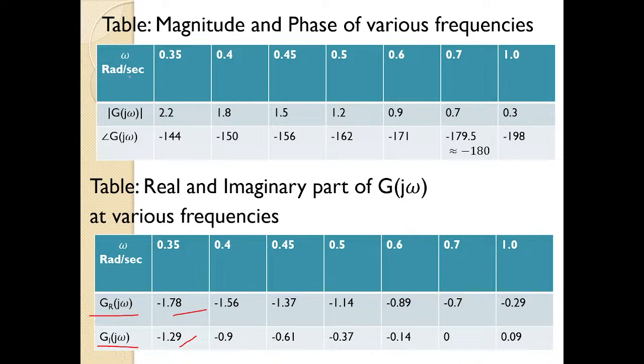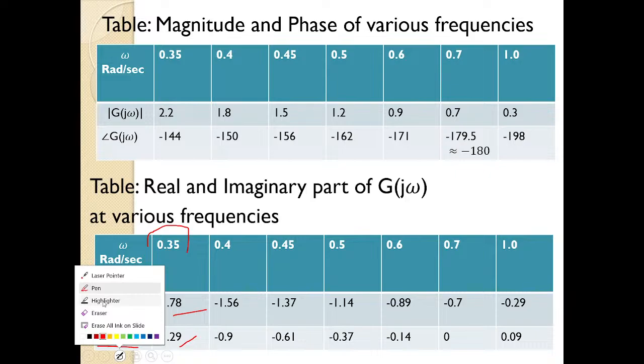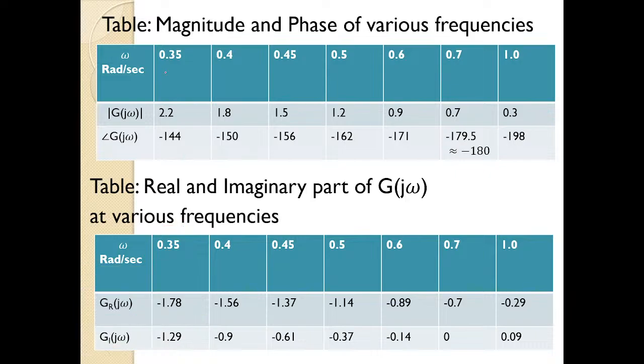For each omega value, you need not bother about the omega here. For this 0.35, you have already determined the magnitude and phase angle, so determine the real part and imaginary part from the calculator directly.